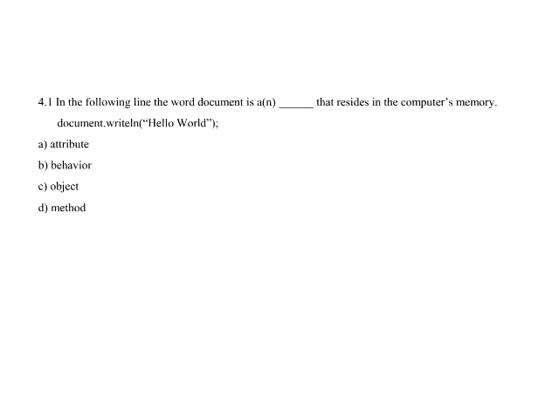Okay, let's see this question. It says here, in the following line, which is document.write, hello world, the word document is a what? Attribute, behavior, object, or method? What do you think? In this line, document.write, document is what? Anyone?